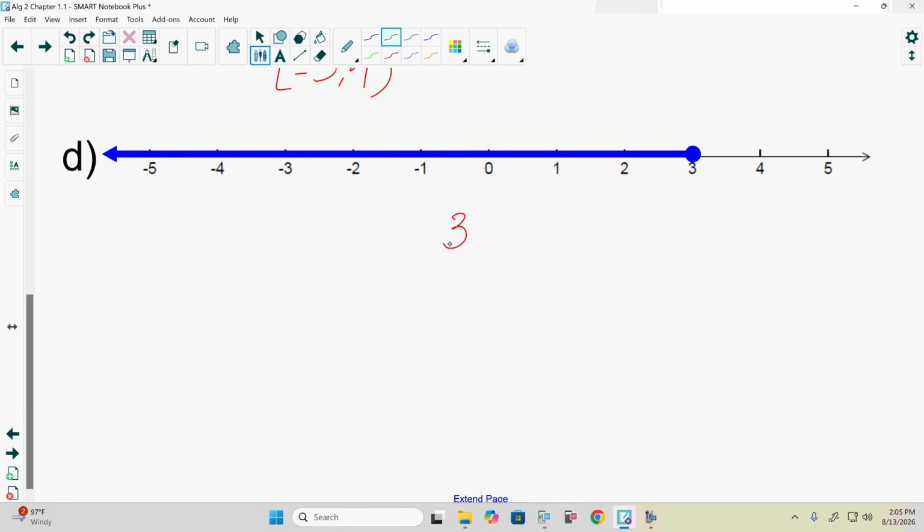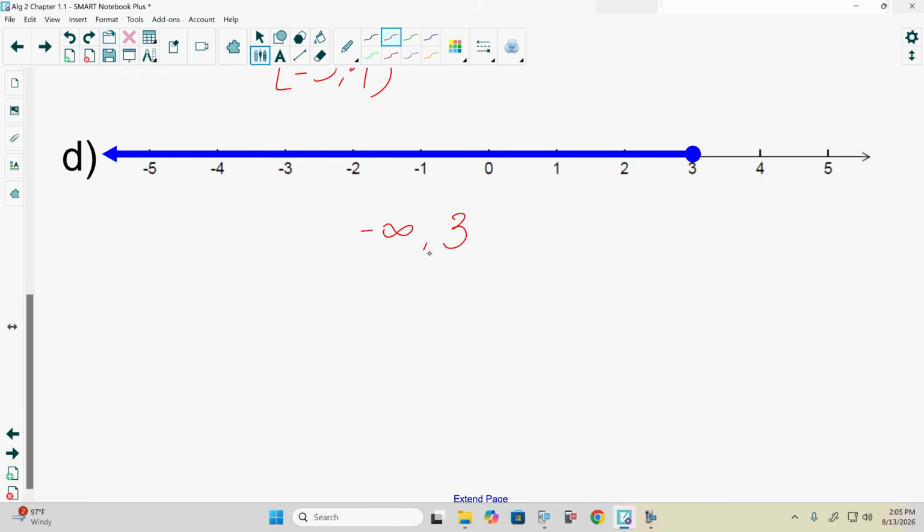If we didn't want to, I know 3 is going to be one of the endpoints. So we know it's going to be listed, yes? So that means the other endpoint, quote unquote endpoint, the direction we're going is going to have to be infinity or negative infinity. Which one are we going to? Negative infinity, because we're going smaller, yes? And since we're going smaller, it has to be on the left. Because negative infinity is definitely smaller than 3.